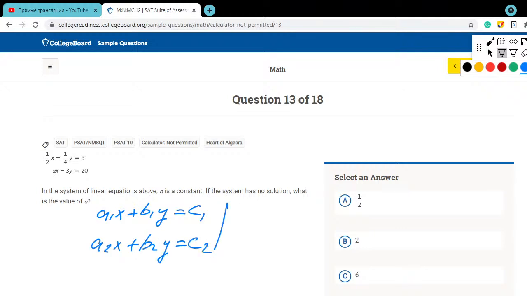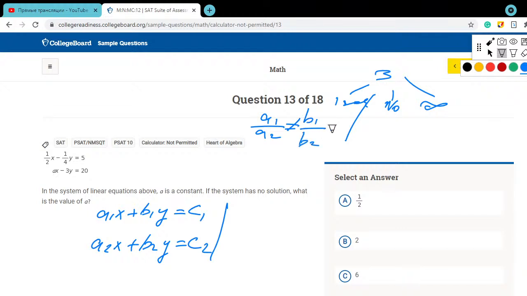So there are 3 cases: 1 solution, no solution, or infinite number of solutions. If we need one solution, a1 divided by a2 should not be equal to b1 divided by b2. That's it.